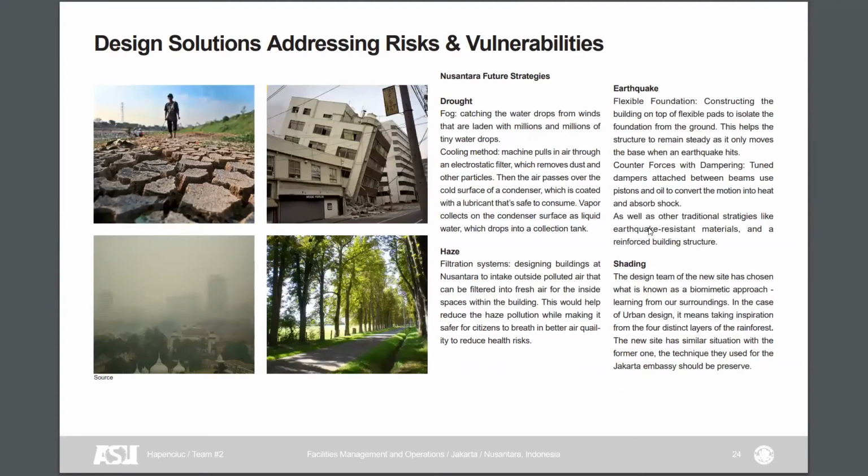And so with some of these strategies, for the drought, a solution we thought of was to have some type of cooling method where machines would pull in the air to remove the dust and other particles, while at the same time trying to catch any evaporation or condensation within the air to then have it filtered and be able to use it within the building.